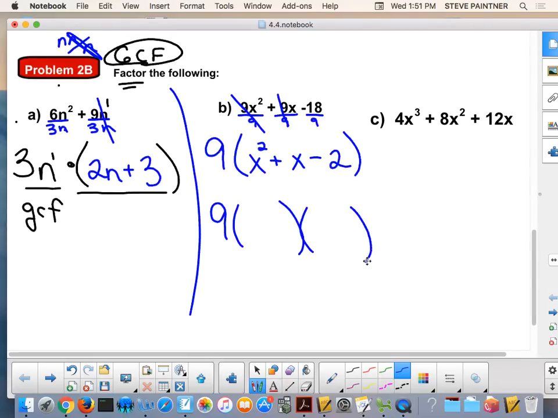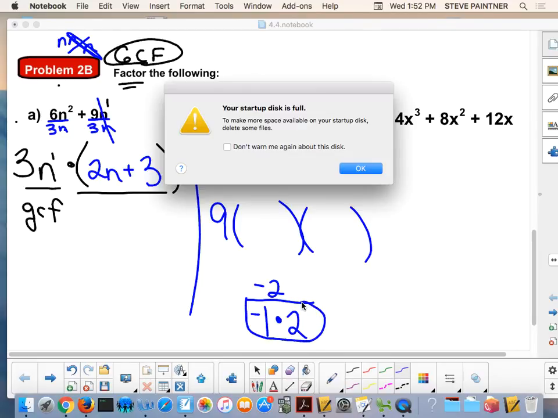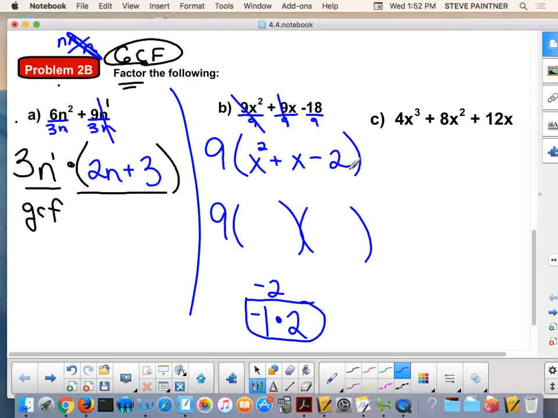You can't say, well, I don't want to do that. Well, you have to. The last number is -2. Make a little chart. What are factors of -2? -1 times 2. That's it. Add that in your head, what do you get? I don't get 3. I don't get negative 2 either. Mine was negative 1.